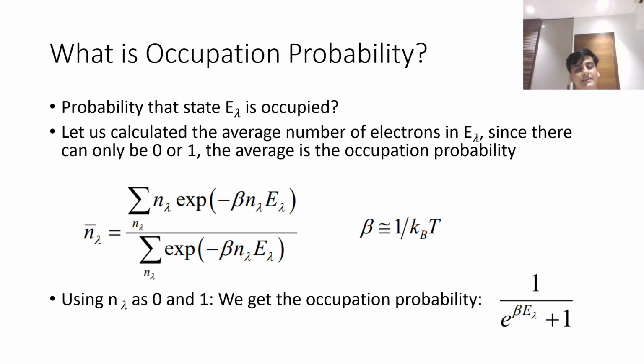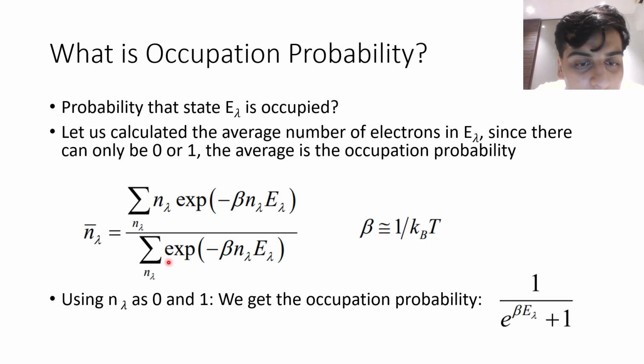And we can easily write this probability in terms of the formula given on the screen, which is that n lambda is the summation of n lambda times the probability of taking that state, over the summation of the probability of taking that state. This is a formula for average that you have probably learned in plus two.